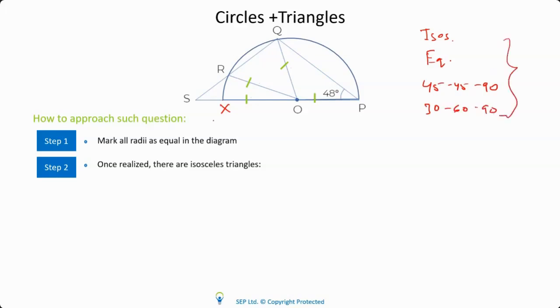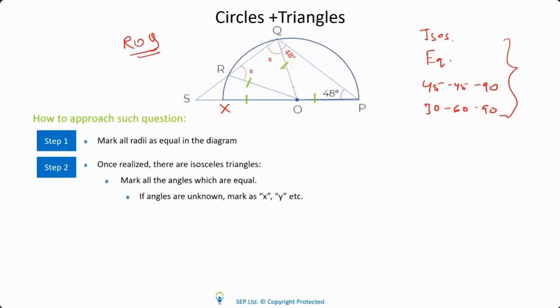If you see lengths are equal, the first thing you should do is mark them down. So the moment I see these two lengths are equal, if this is 48, I'll mark this as 48. In fact, you can use variables also to mark the remaining angles. So in this triangle ROQ, you know OQ and OR are equal, so the angles have to be equal.